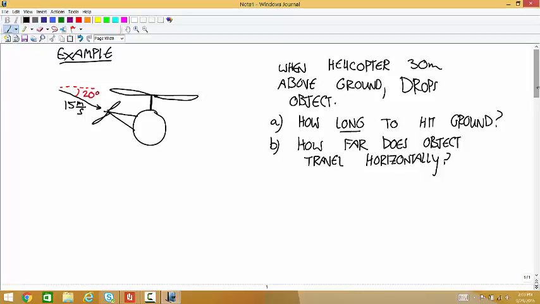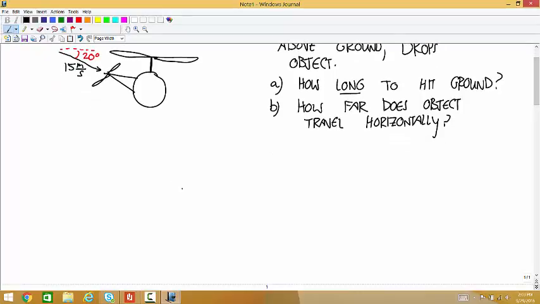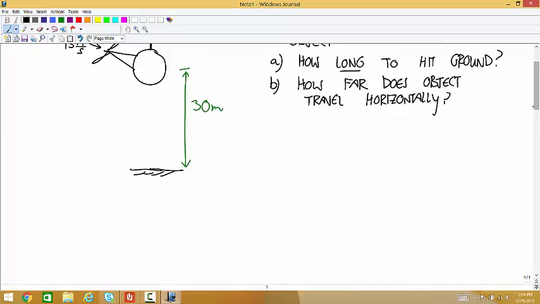Okay, so if this is a picture of when it's dropped, this distance is 30 meters. We have to choose those four things.